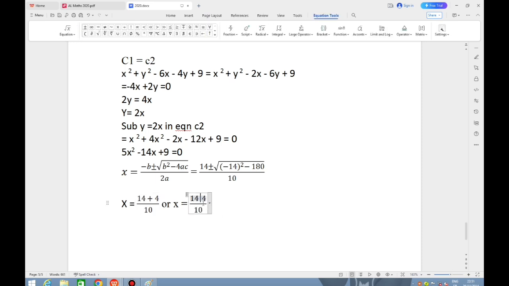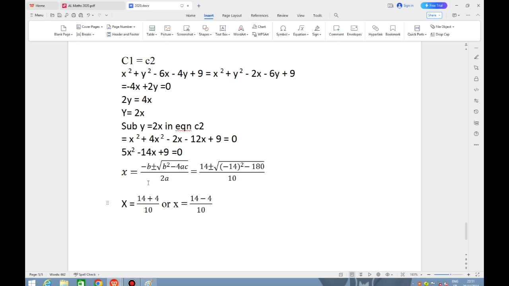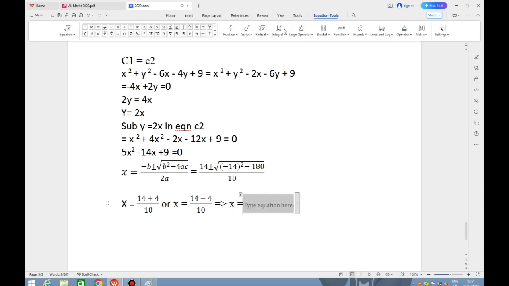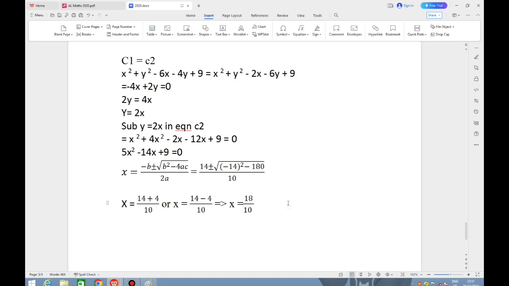14 minus 4 on 10. Now 14 plus 4 on 10 is equal to 18 on 10, implying that x is equal to 18 on 10, or x is equal to 14 minus 4 on 10, which is 1.